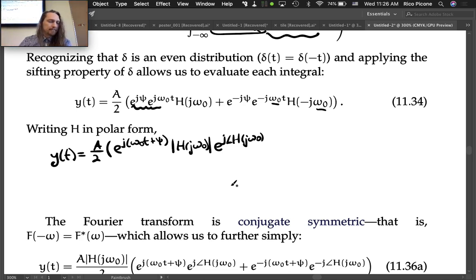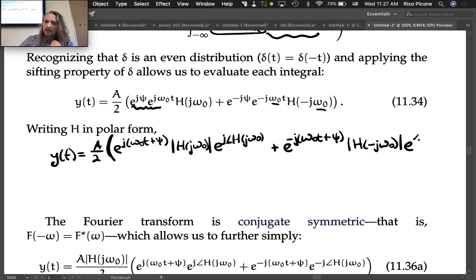Plus, we're still continuing the parentheses here, the other term is e to the minus j omega naught t plus psi, times the magnitude of h of minus j omega naught, times, once again, the exponential form, which is negative j times the phase of h of minus j omega naught.